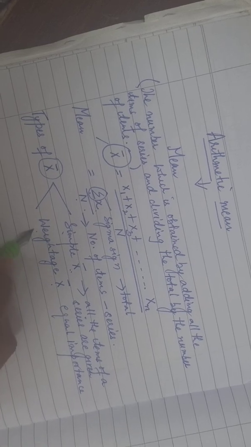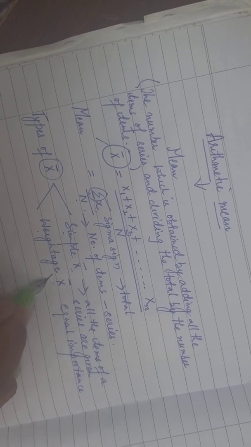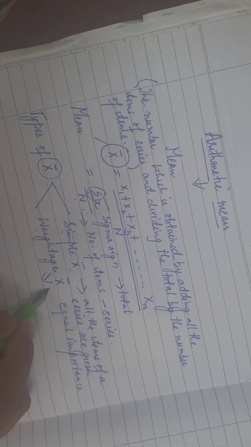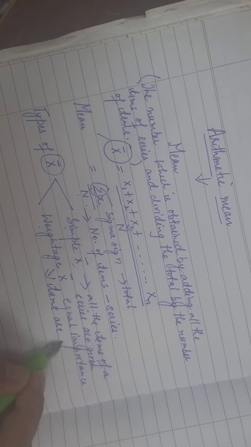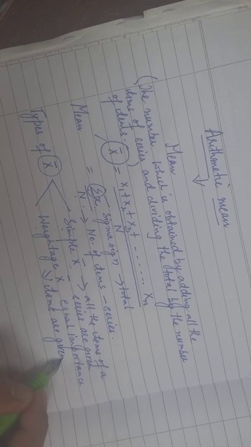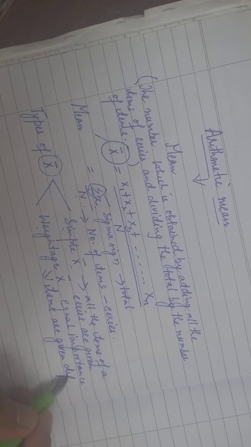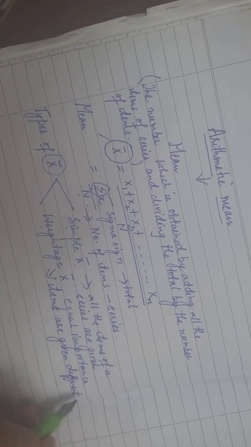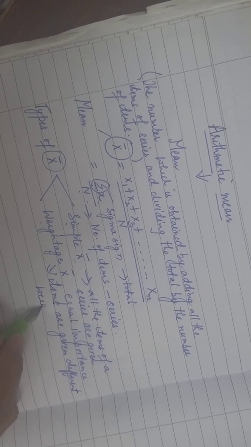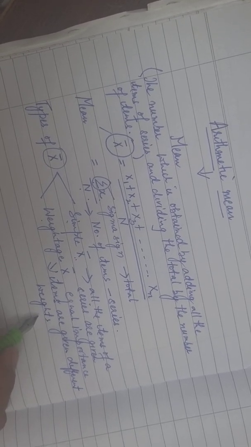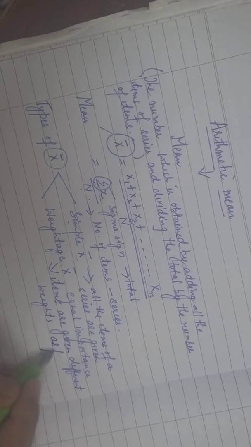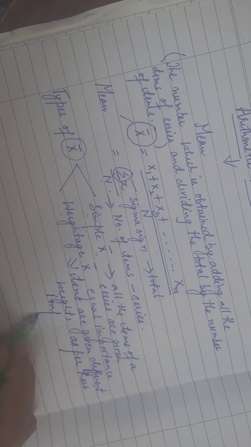Whereas in weightage arithmetic mean, items are given different weight, which means importance, as per their importance.